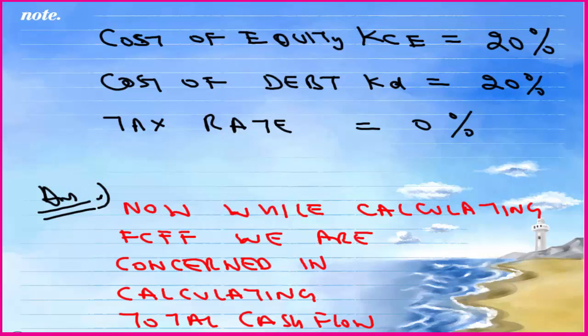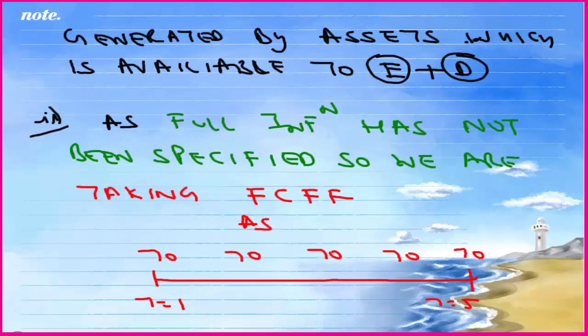So please note down this point number 1. Now when calculating FCFF, we are concerned with calculating total cash flows generated by assets, that is cash flow available for equity as well as for debt.